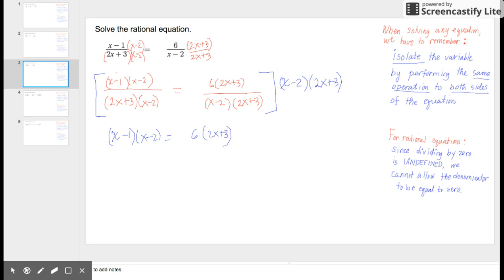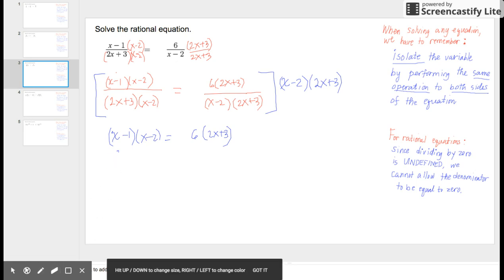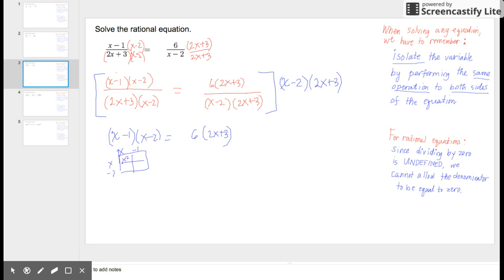And therefore, here we'll have x squared. Okay, we're going to need a box to multiply. So we're going to have x minus 1, x minus 2. This is x squared minus x minus 2x plus 2. Therefore, we'll have x squared minus 3x plus 2 equals 12x plus 18.